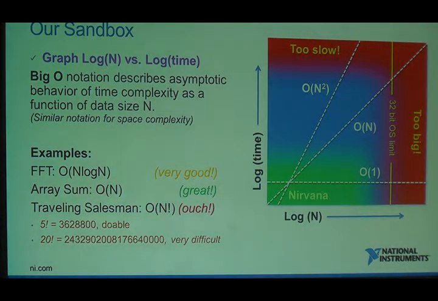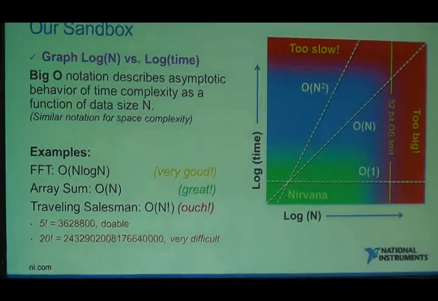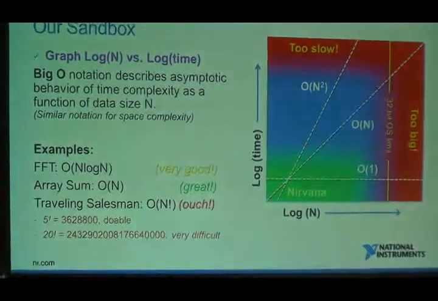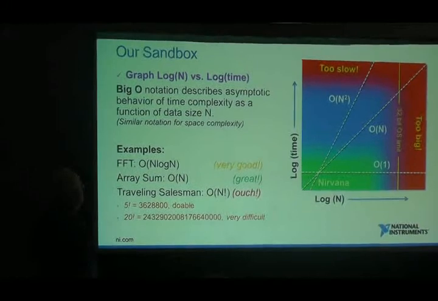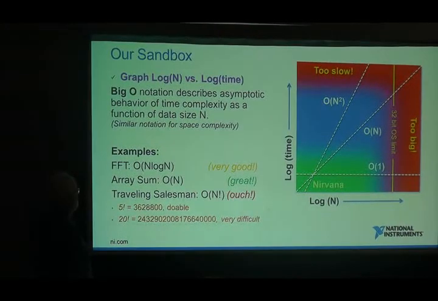And then for any algorithm, you can define a complexity, how the algorithm behaves as a function of data size, right? For example, an FFT goes with n log n. So it's a little steeper than a slope of 1 here on that graph. On a log graph, most things are quite linear.